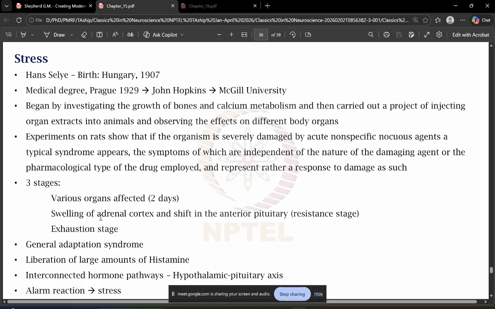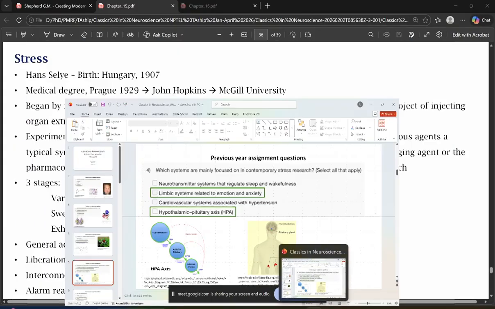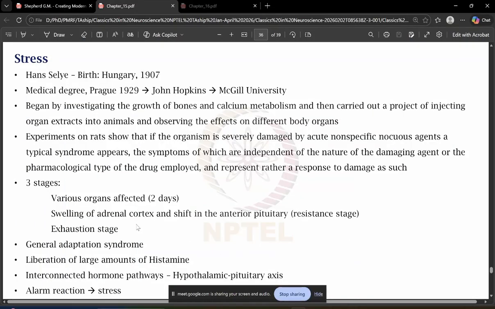What was the next stage? The next stage was that the adrenal cortex, so what is the adrenal cortex? This is the adrenal cortex basically. It is right above the kidneys. So this adrenal cortex became swollen. He did this experiment in rats, right? So he saw that the adrenal cortex became swollen.